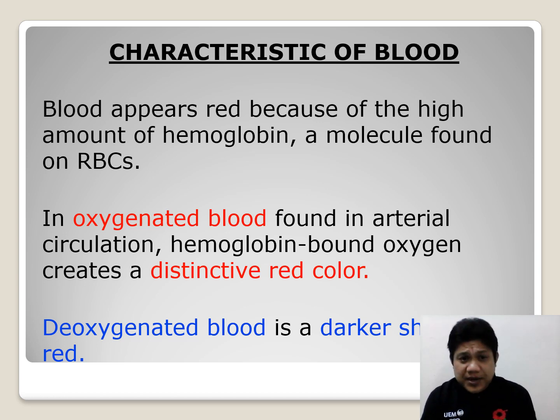So as we know, oxygenated blood is bright red. And deoxygenated blood is a darker red, sort of purple red, something like that.